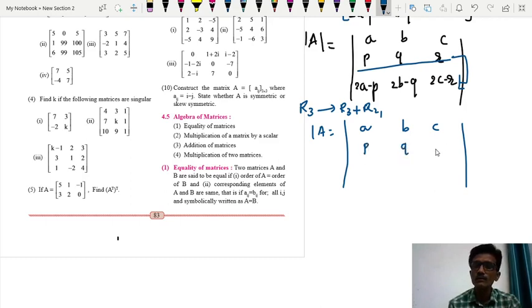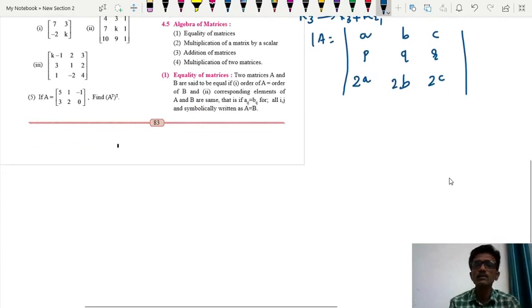So this gives us 2A, this gives us 2B, and this will be 2C. Then take 2 common from this third row.